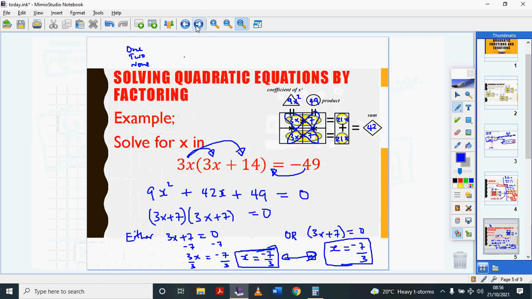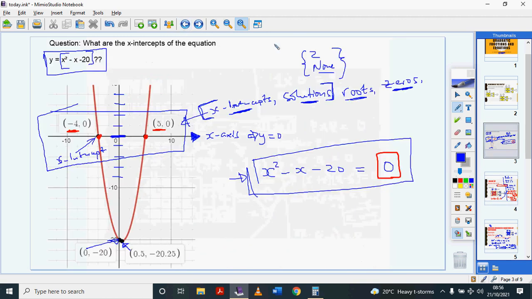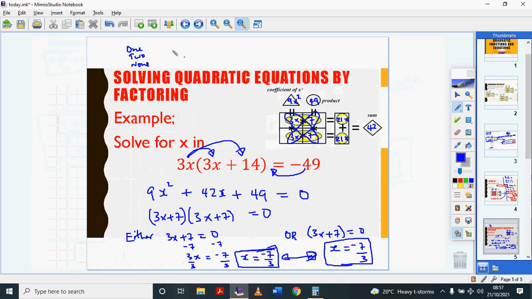You guys saw that it's possible for a quadratic equation to have two solutions. It can have two solutions, it can have no solutions, and now we have seen that a quadratic equation can also have one solution or one x-intercept. Now in further math you'll find that this is called a repeated solution, but for now this was the answer to your question from yesterday.